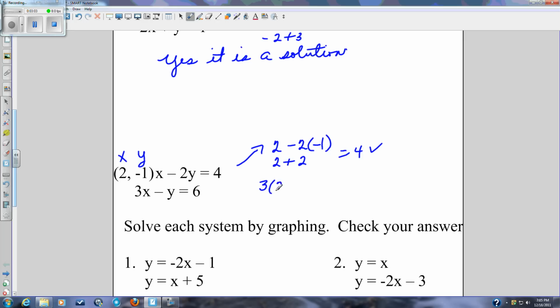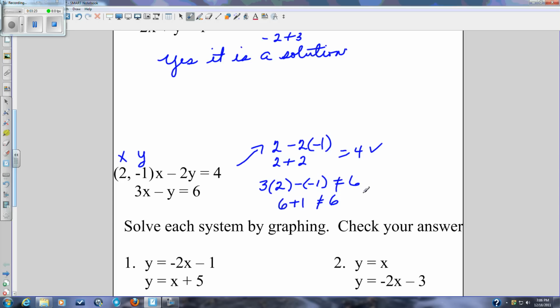So we're going to say 3 times 2 minus negative 1. We want to know, does that equal 6? Well, 3 times 2 is 6. Minus negative 1 is the same as adding 1, and that gives us 7. And so 6 plus 1 is 7, and 7 does not equal 6.